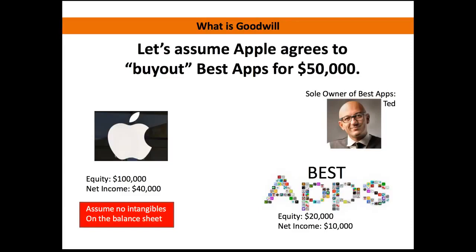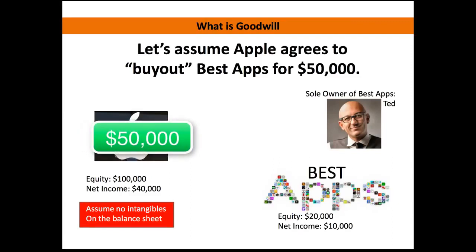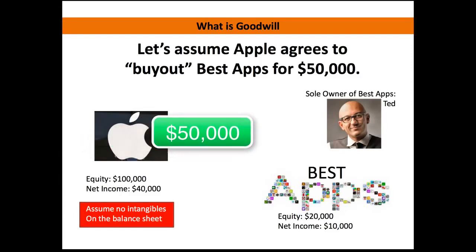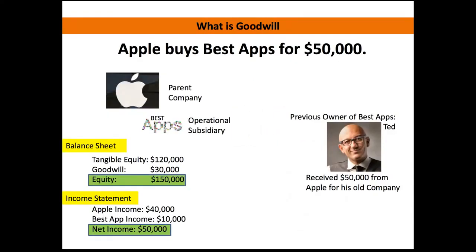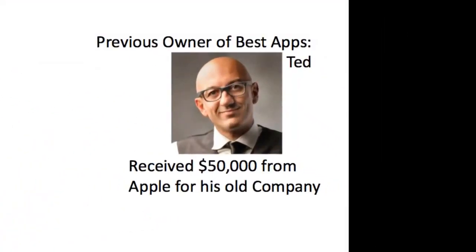So in order for Apple to acquire Best Apps, they're going to pay Ted $50,000 for the company. So you can see that payment being made to Ted for $50,000 from Apple. Okay, after that purchase has taken place, as we look over at Ted, we can see that Ted has received $50,000 from Apple for his company. So he's got his money.